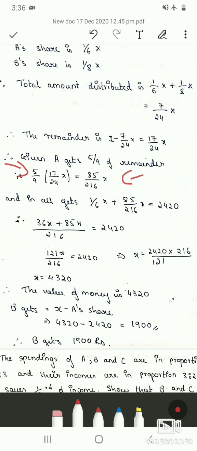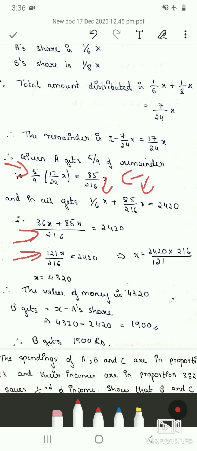So also they have given that A gets rupees 2420 in all, which means initially A gets 1/6 of the money and then he gets 5/9 of the remainder. So add those two. So we'll get 1/6 of X plus 85/216 x is equal to 2420. So again take the LCM of 6 and 216 and simplify.